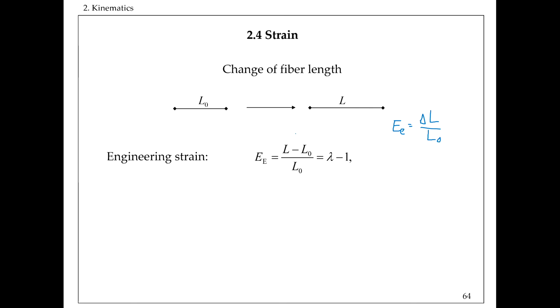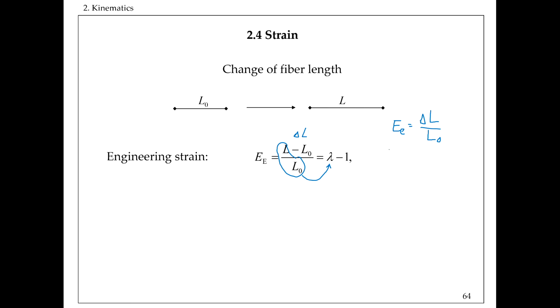This is your delta L, obviously. Now you can also write it in this way, so that it can be presented as a stretch. The stretch ratio will be this: if you divide L by L0, you obtain the stretch ratio in that direction, so how much longer your fiber has become after the deformation.